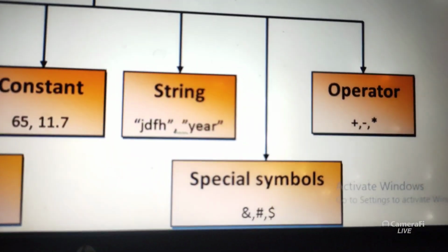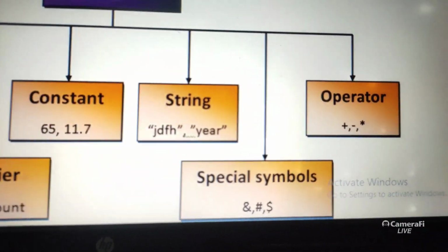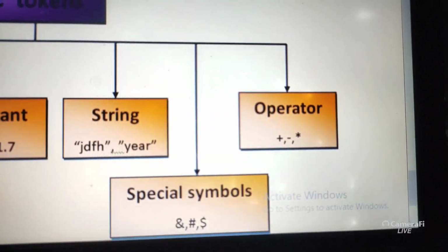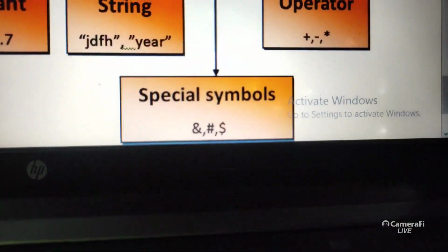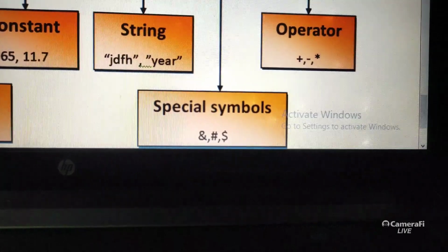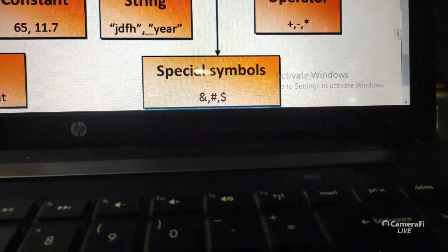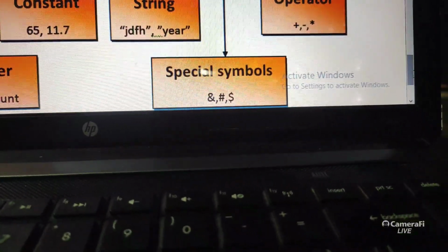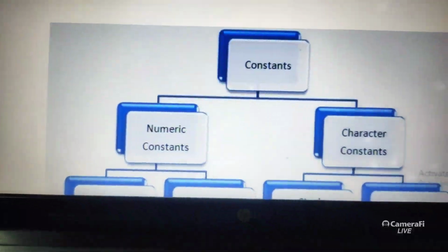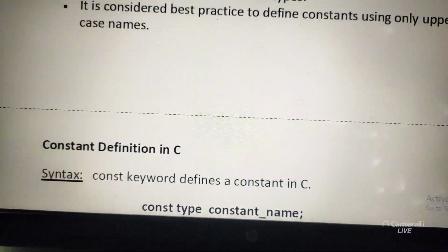A group of characters like name, father name, address are called strings. Plus, minus, greater than, less than are the operators. And hash include, and the symbol will also be used in the future. Any other symbols are called special symbols. Separators also are there, brackets also can be used. So C tokens is a very important and very easy question.